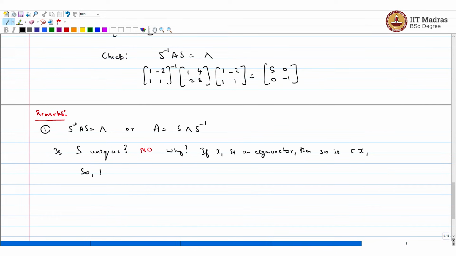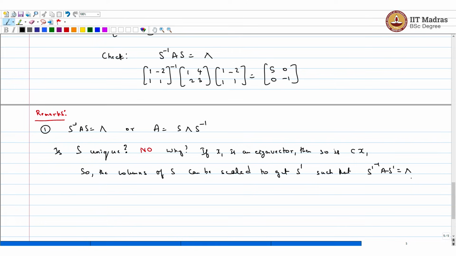So, the columns of S can be scaled to get S prime such that S prime inverse A S prime is also a diagonal matrix.